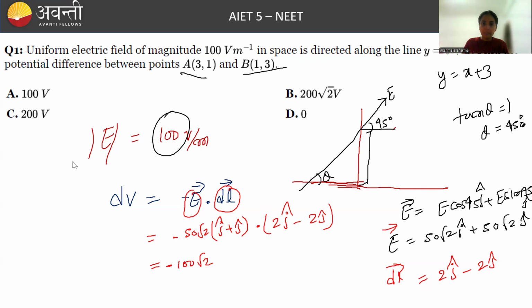And i cap dot j cap will be 0. j cap dot i cap will be 0. And then j dot j will be what? That will be 1. So if you calculate it here, it will become plus 100 root 2. So this is equal to 0. So the potential difference is going to be what? dV is going to be equal to 0.